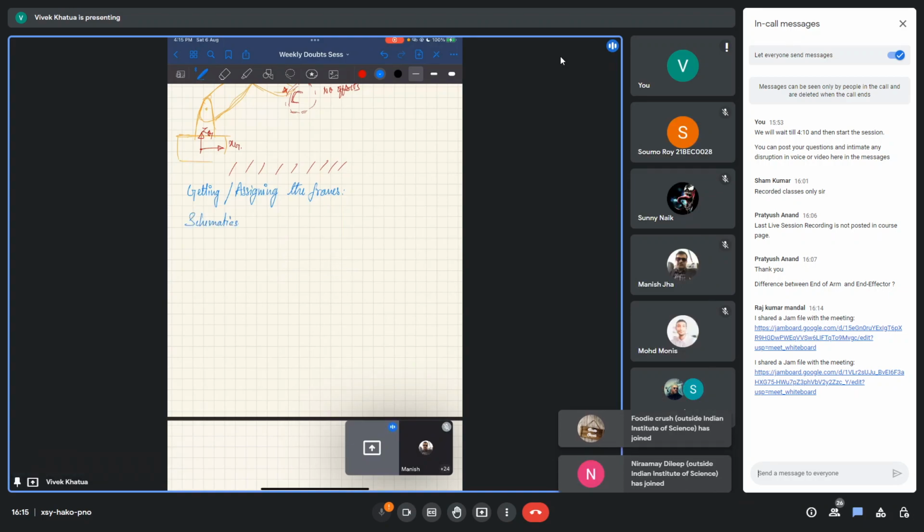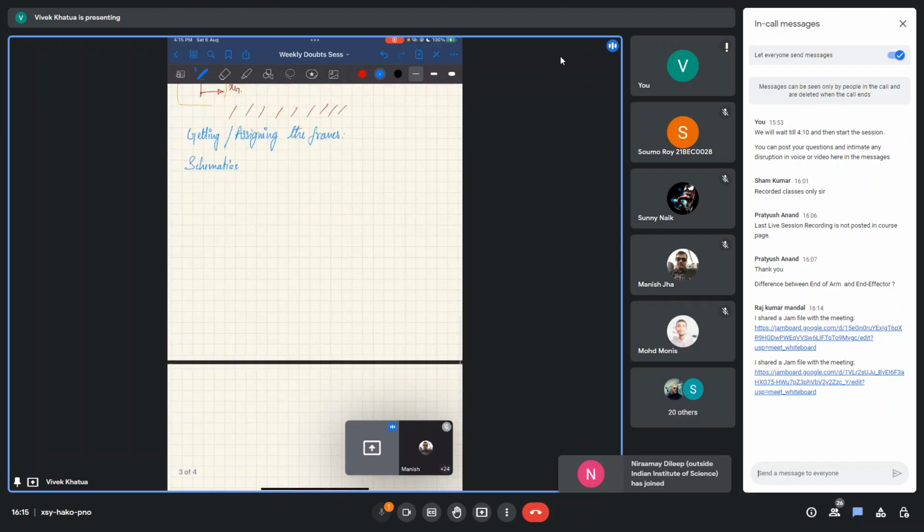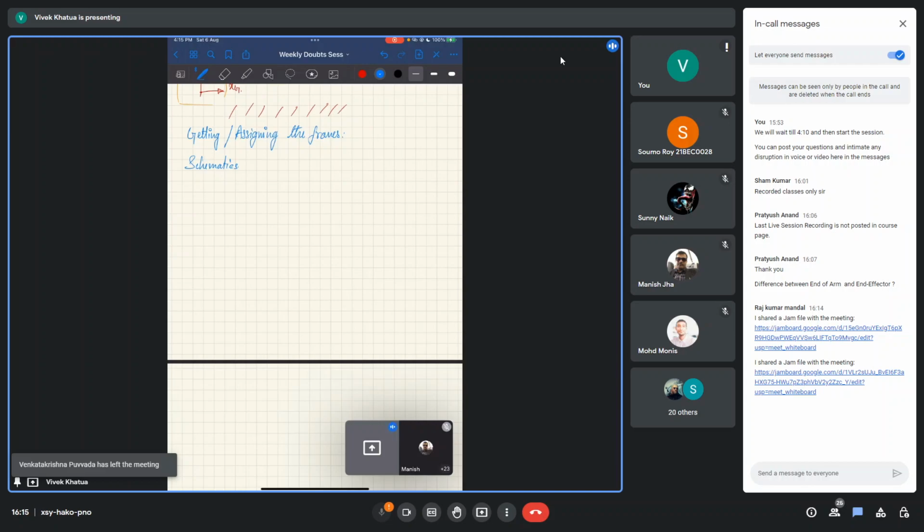We want to make it as minimalistic as possible for us to understand. So let me give you one form of schematic which is widely followed so that you understand how the revolute or the spherical joint spans over a schematic.